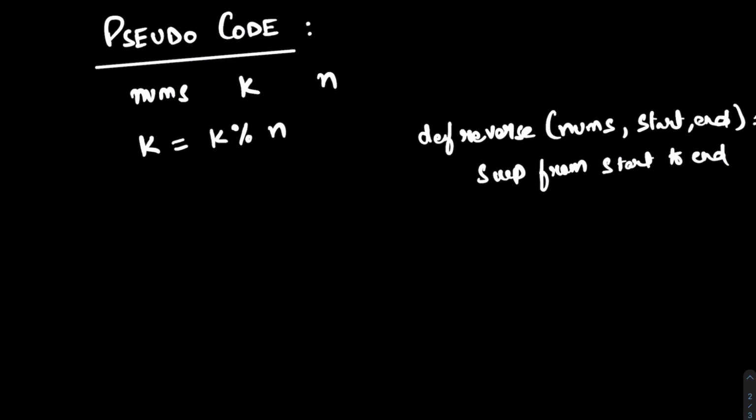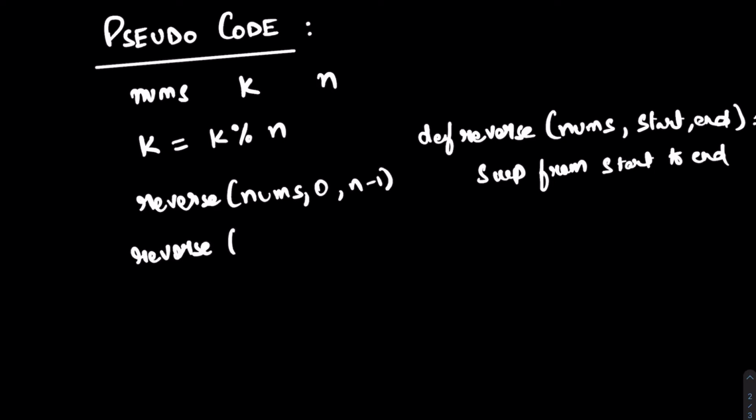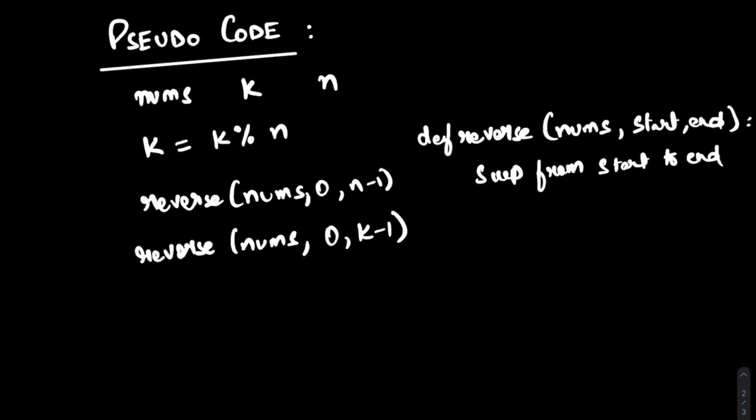Then we can use this helper function by first reversing the entire list, which would be reverse of nums 0, n minus 1. Then we can reverse the first k elements, and then reverse the other part of the list, which are the numbers after k.